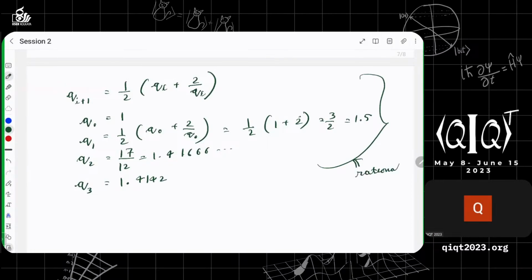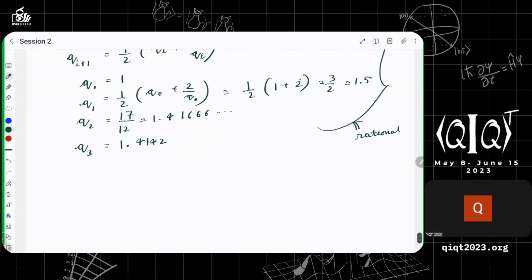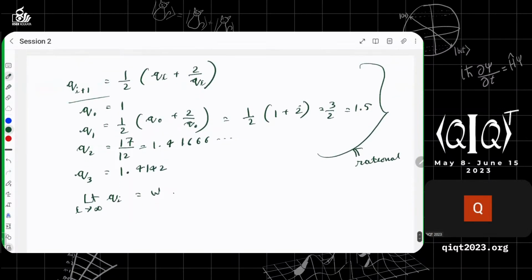What we need to check is what happens if we take the limit of q_i as i tends to infinity. So let's suppose that this is w. Now let's take the limit on both sides of this equation. The limit of q_{i+1} as i tends to infinity will be half the limit as i tends to infinity of (q_i plus 2 by q_i).